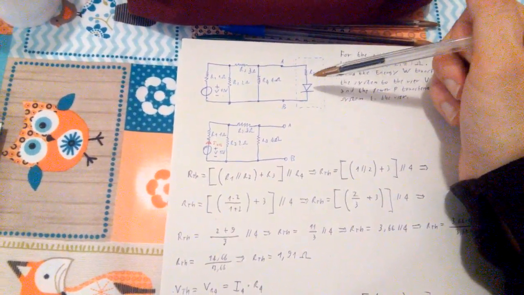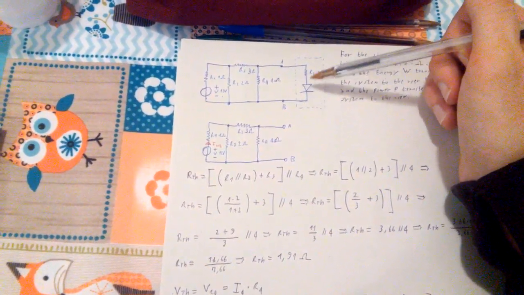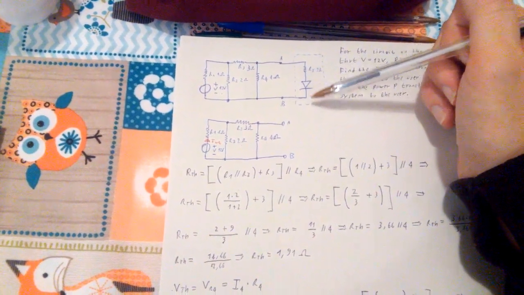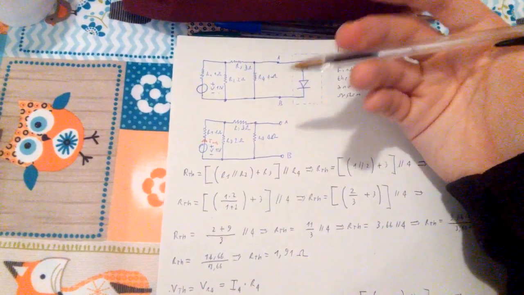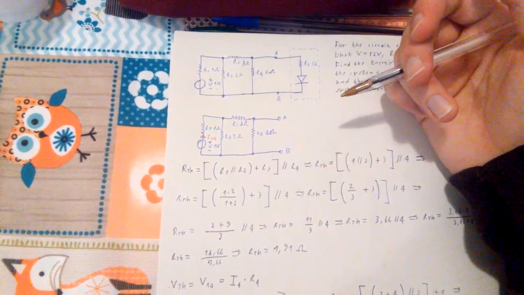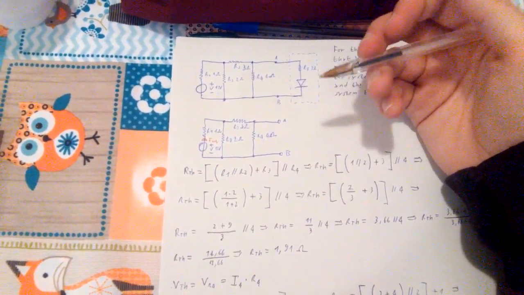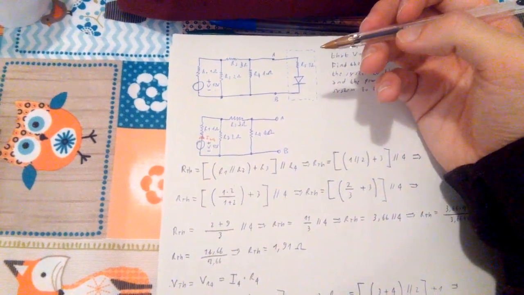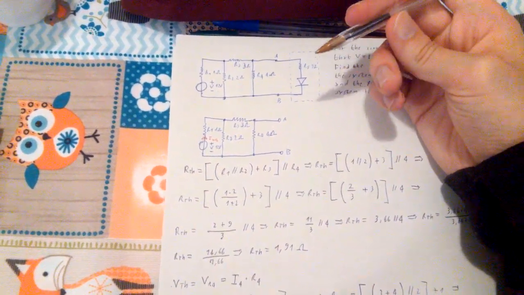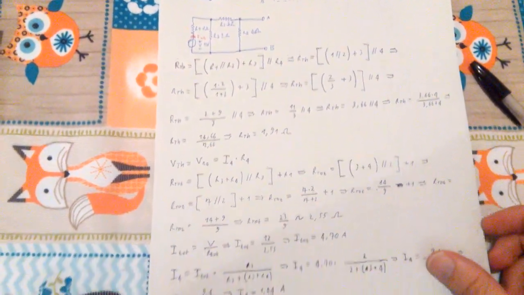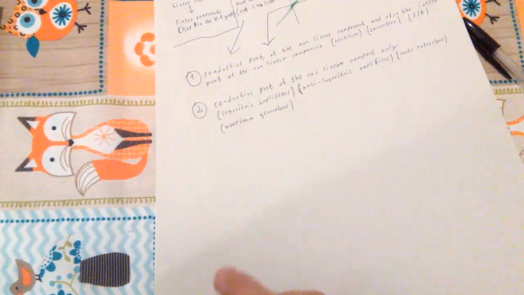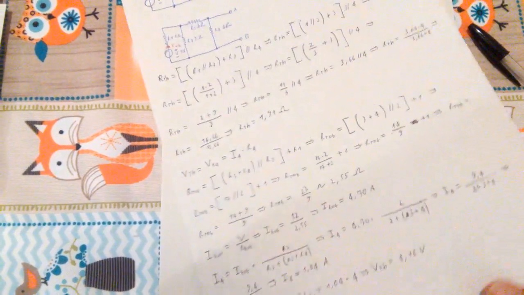And it's not a real diode, it's just an ideal diode, so it doesn't have any internal resistance at all. So we can substitute it with a short circuit. So now we can finally draw the Thevenin equivalent circuit, which I'm gonna do here.